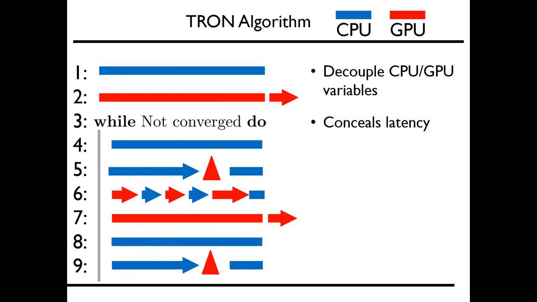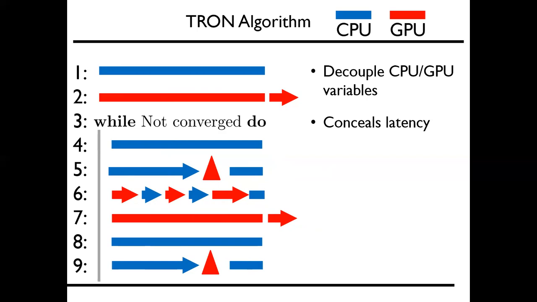This conceals latency. We're effectively buffering any data transfer that we need to send from the GPU to the CPU with independent CPU compute. The best example of this would be something like line 7 to line 9.